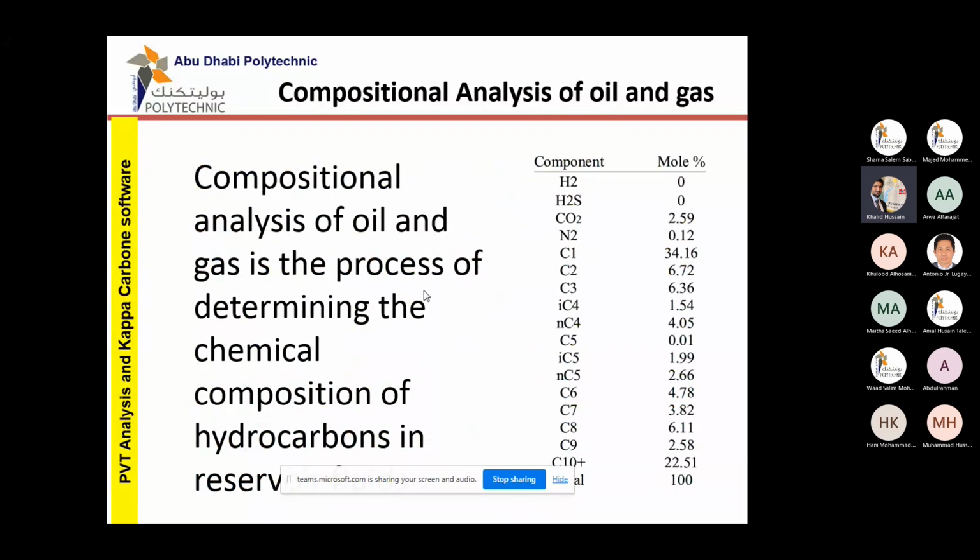It's a very interesting experiment that we do in the PVT lab. We call it gas chromatography.